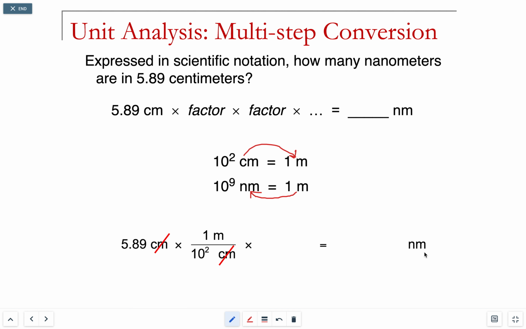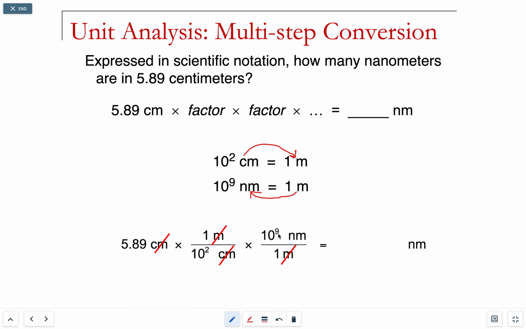Since we're trying to get to nanometers, we go ahead and construct another conversion factor. In this case, we want meters on the bottom, nanometers on top, so that meters divided by meters cancels, and the only unit that we have left, the only one that hasn't been canceled, is the one we're trying to get to.